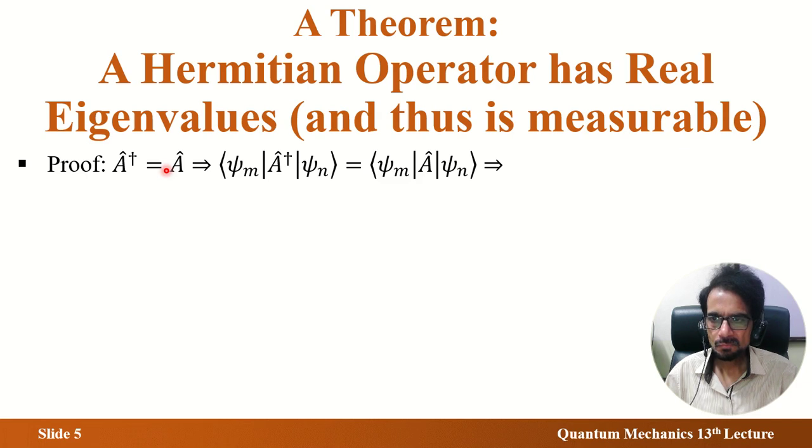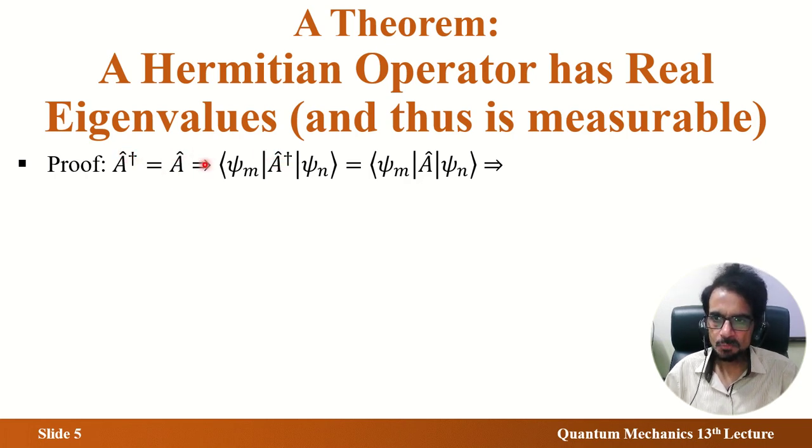So that's a claim, that's a theorem. The proof starts here. Since the theorem is for a Hermitian operator, first you write the definition of a Hermitian operator: A dagger is equal to A. Remember, it's not a Hermitian matrix. It's a Hermitian operator. The hat tells you.